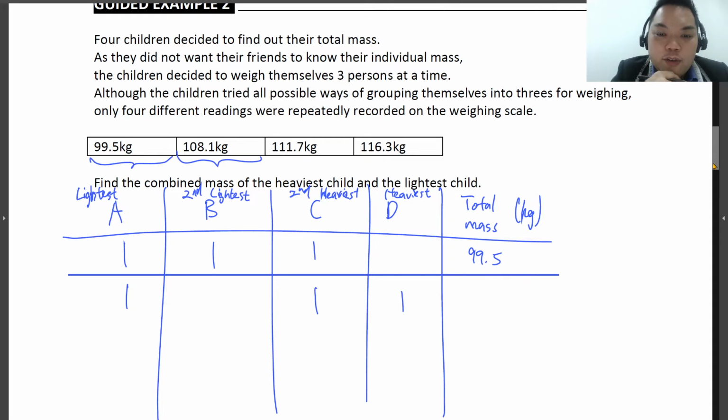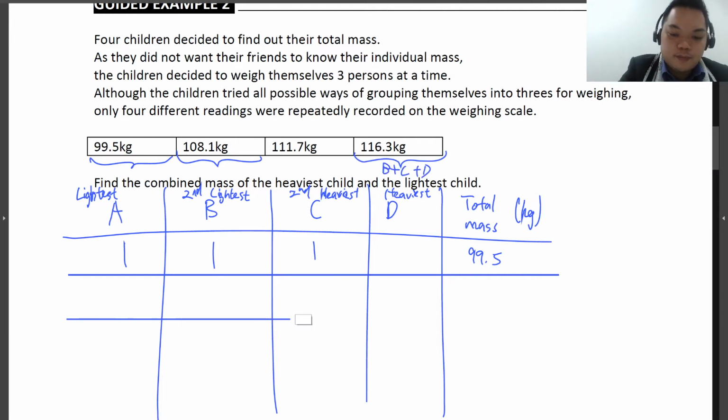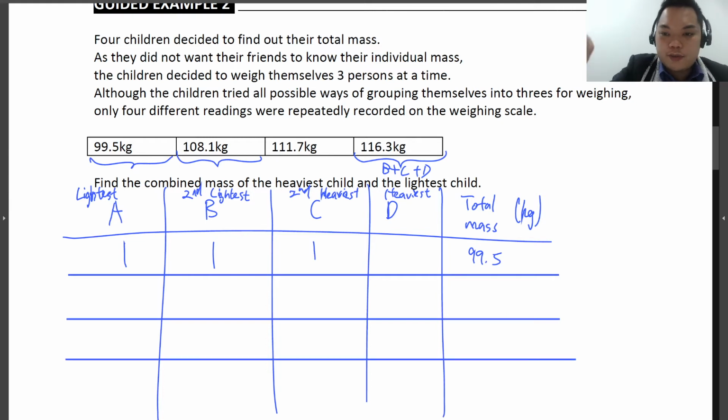This should be A, C, and D. Wait. Okay, because if you have B, C, and D, this should be B plus C plus D, because that's the heaviest ones. You add up all the heaviest ones together, you get 116.3 kg here.